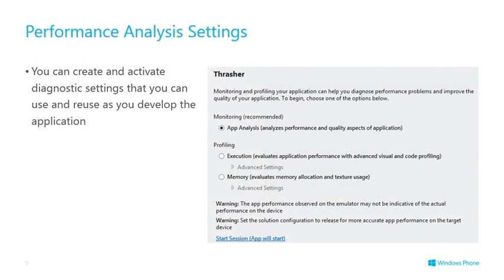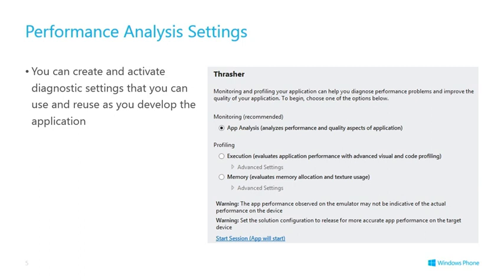It has a number of different settings. This tool actually turned up in the 7.1 SDK, but in those days there was just the execution and memory profiling. Now there are the monitoring tools as well, which have been added to this. I'll show you in a moment how you run that and the kind of information you get out of it. Some of the tests that they do are around responsiveness, startup time, and that kind of stuff.